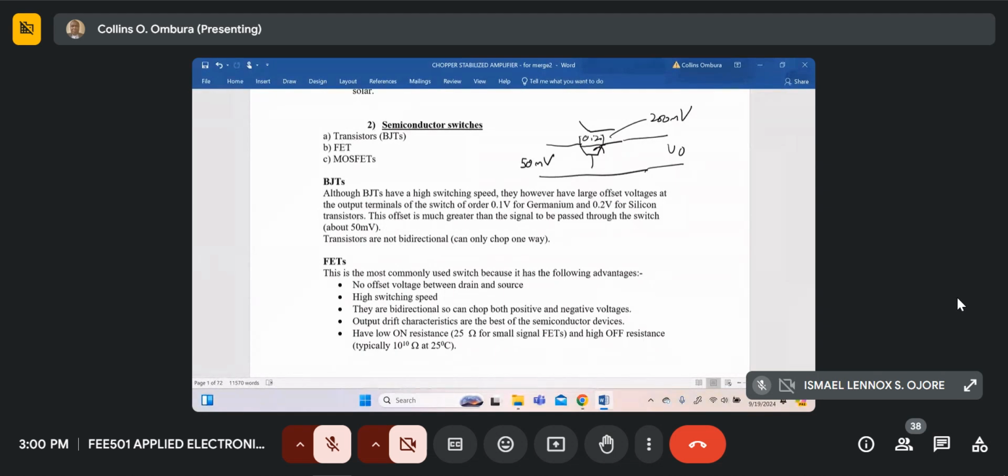Also, BJT transistors are not bidirectional, i.e., they can only chop in one way. It means if it's an NPN, then the collector must be positive. If the collector goes negative, the circuit fails to operate. So because of this, we never use BJT transistors.